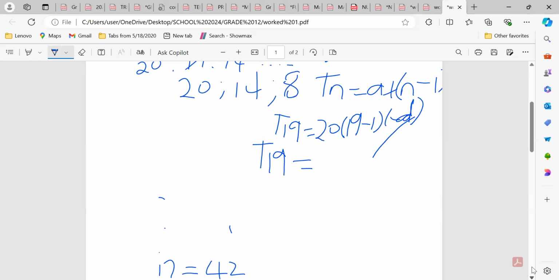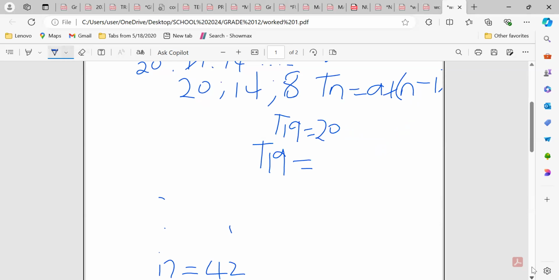Yes. Plus this is the next one. Yeah, so the first term is 20 plus 19, which is what they're looking for, minus 1.